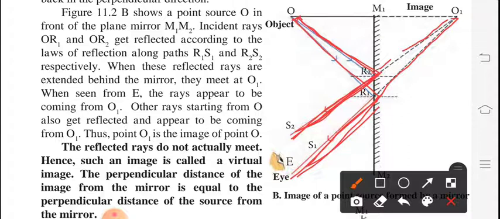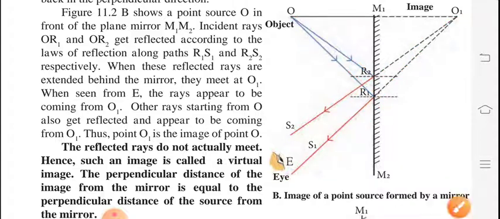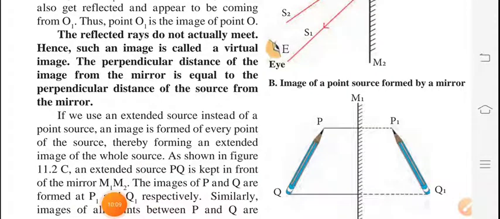Thus point O1 is the image of point O. So for this object we are getting the image at point O1, which is behind your mirror. The reflected rays do not actually meet. Hence, such an image is called a virtual image.